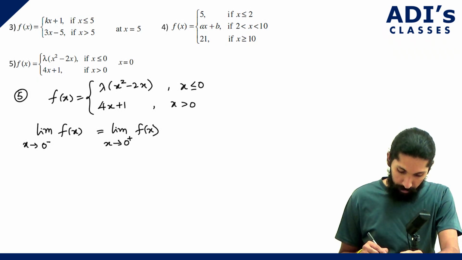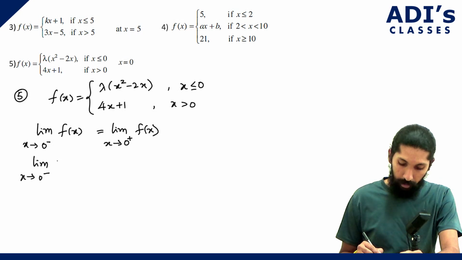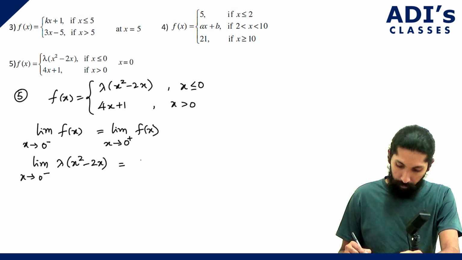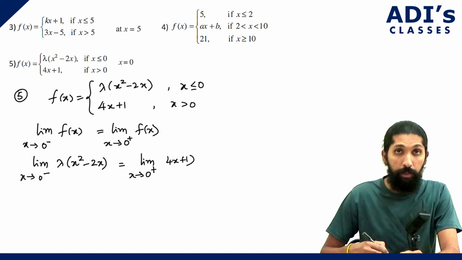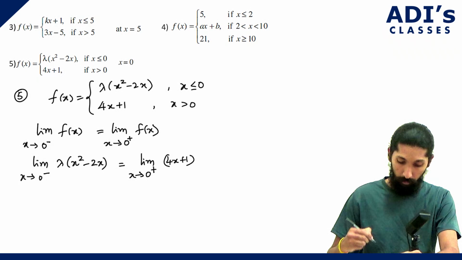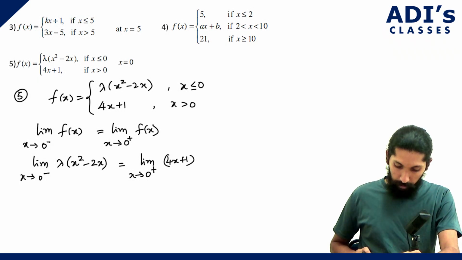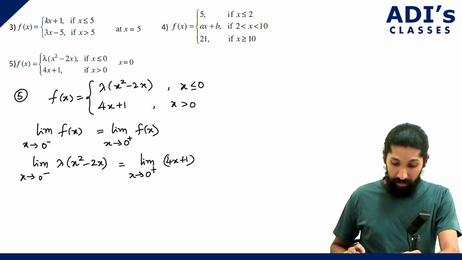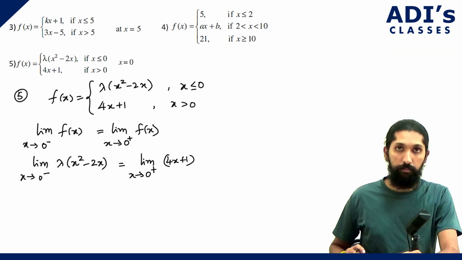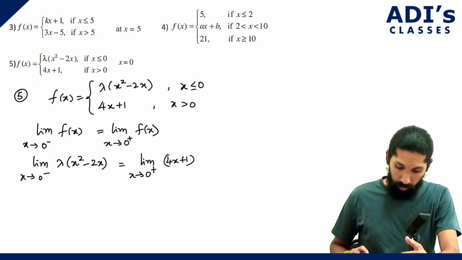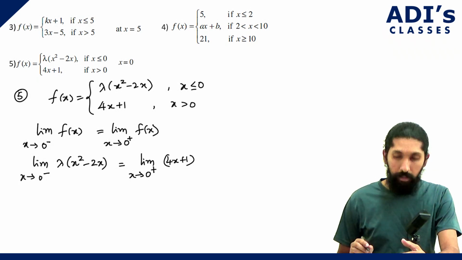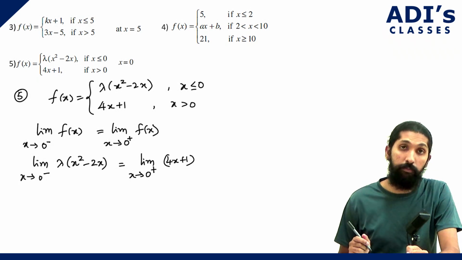Now what do we have? Limit as x tending to 0 minus lambda into x square minus 2x, and limit as x tending to 0 plus 4x plus 1. This is my right hand limit function, isn't it? Now if you apply the value of x as 0 in both the cases, then your LHL, you will get 0 minus 0, which is 0 itself.